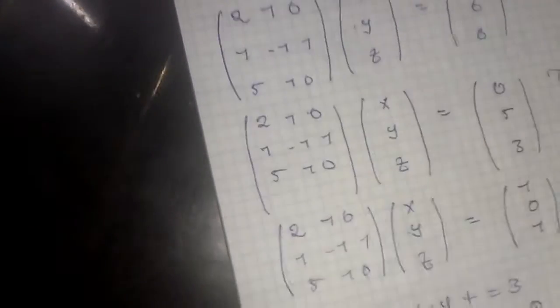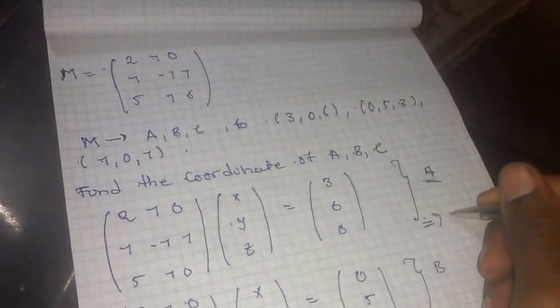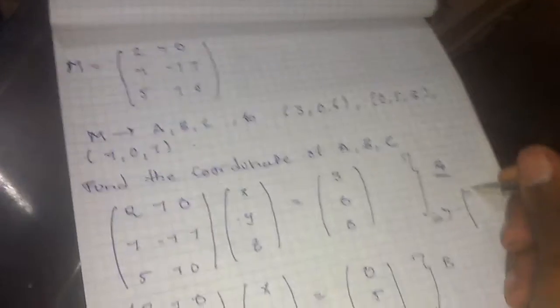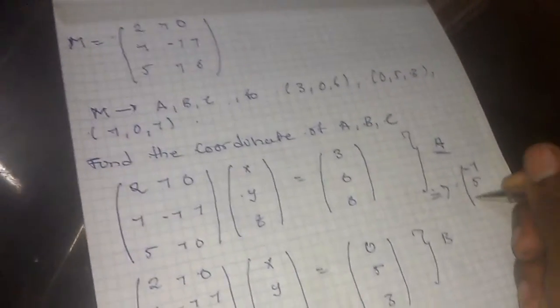I'm sorry for the rough work, but our A is equal to: what is our x value? Negative 1. What is our y value? 5, and negative 4. That is how you derive it.